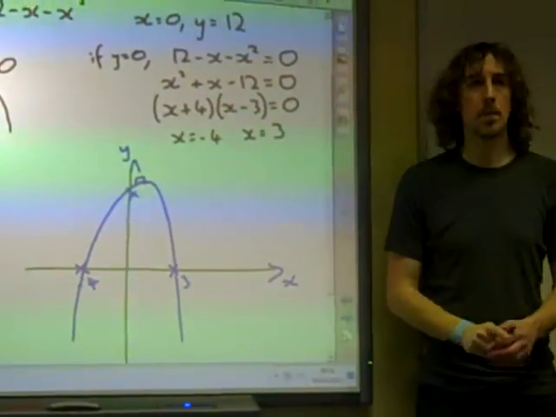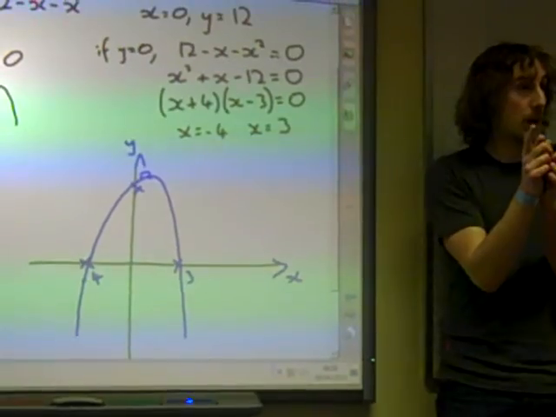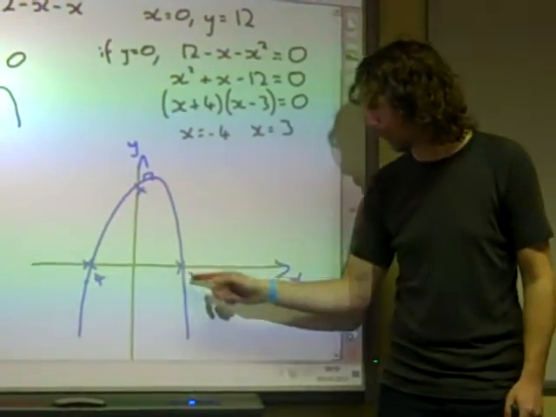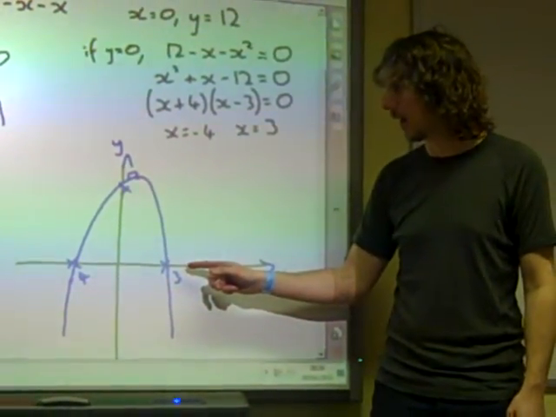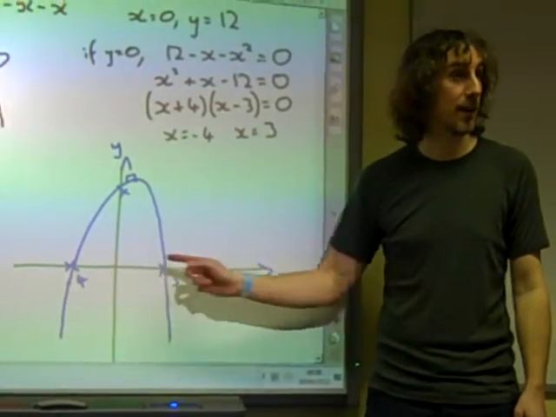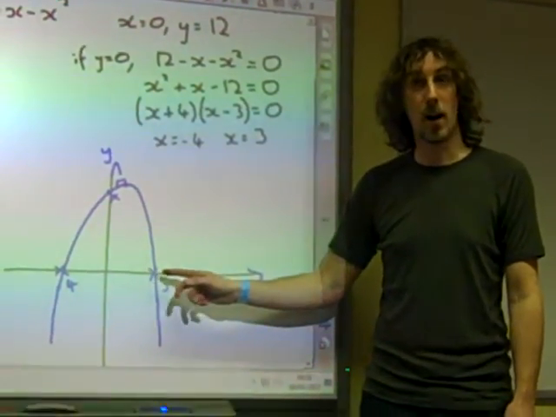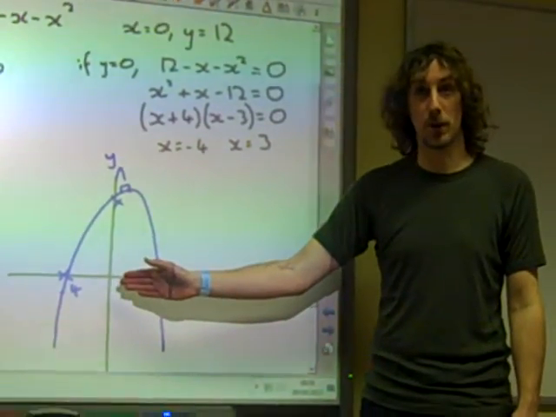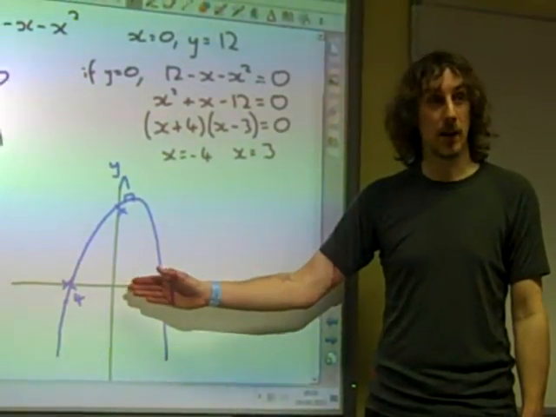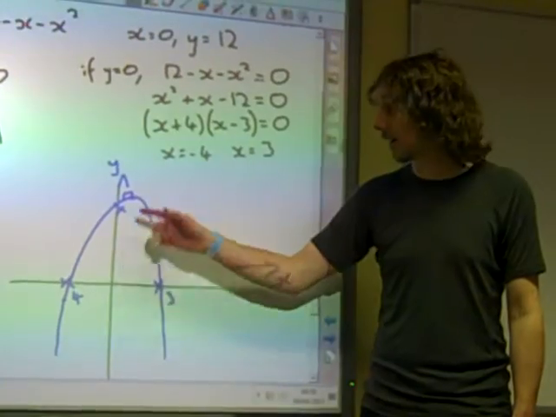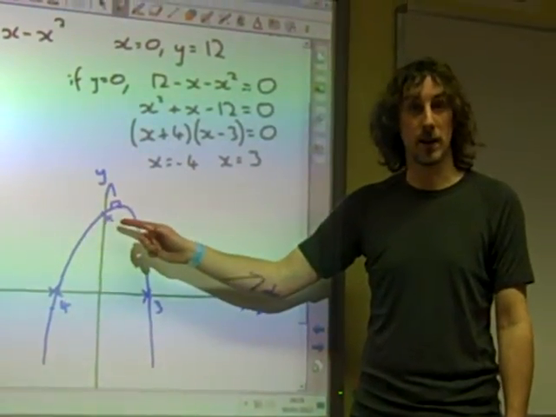There we are. I want to draw this again because I've drawn it the wrong side. Because -4 and 3 aren't the same distance from the central point, we need to make sure that we don't get the maximum point at 12, because it wouldn't be.